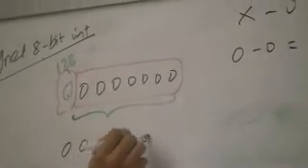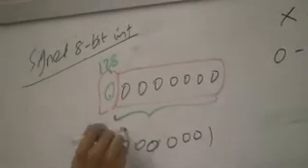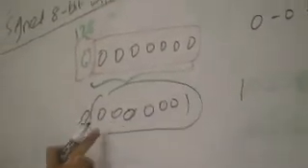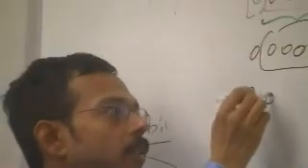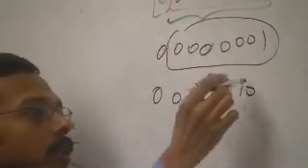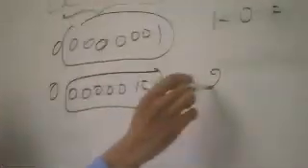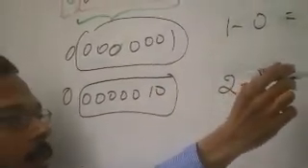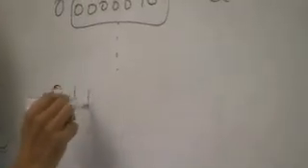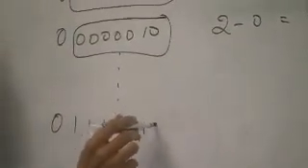Now 0, 0, 0, 0, 0, 0, 0, 1 together makes what? 1, right? This is just 1, minus 0, so plus 1. Then you have 0, 0, 0, 0, 0, 0, 1, 0. That's 2 minus 0, so plus 2. You can keep going all the way to 0, 1, 1, 1, 1, 1, 1, 1.